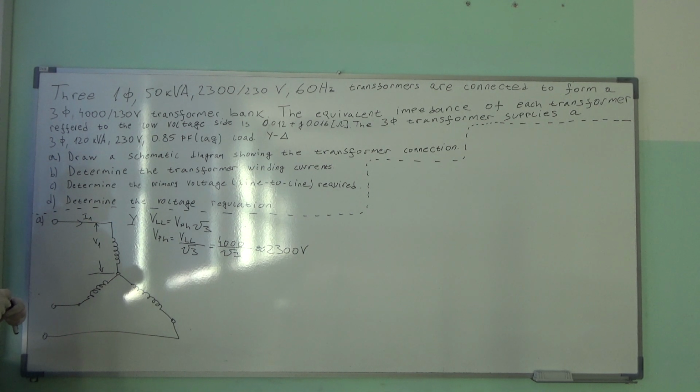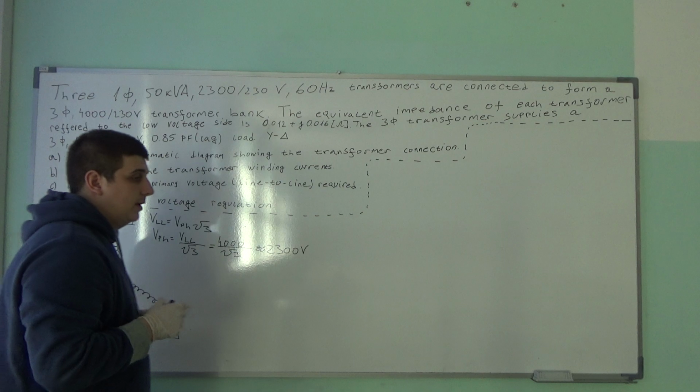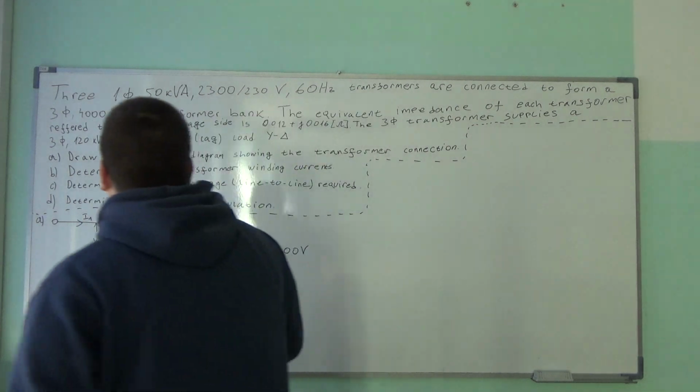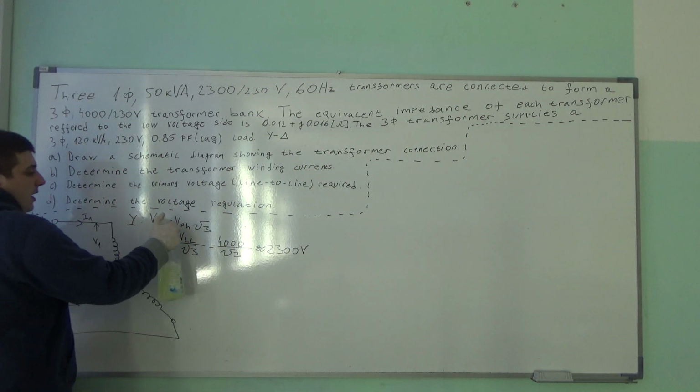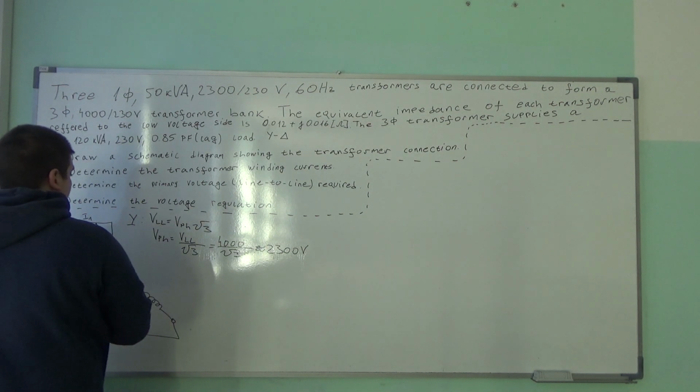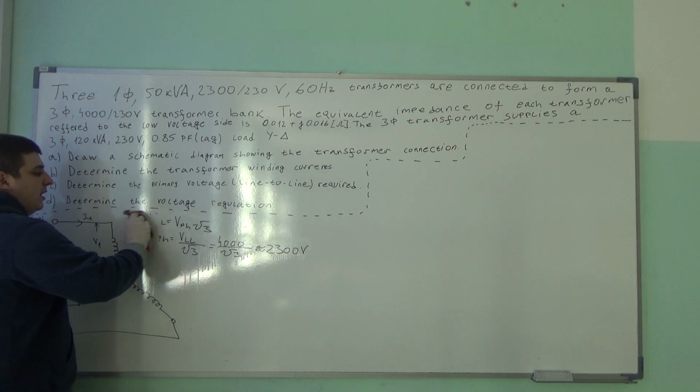Because the rated voltage is the same for one transformer, 2300 volts, that is why we connect the primary side of a three-phase transformer in a Y connection. So that's the primary side. I hope you understand why the primary side of a three-phase transformer is in a Y connection.